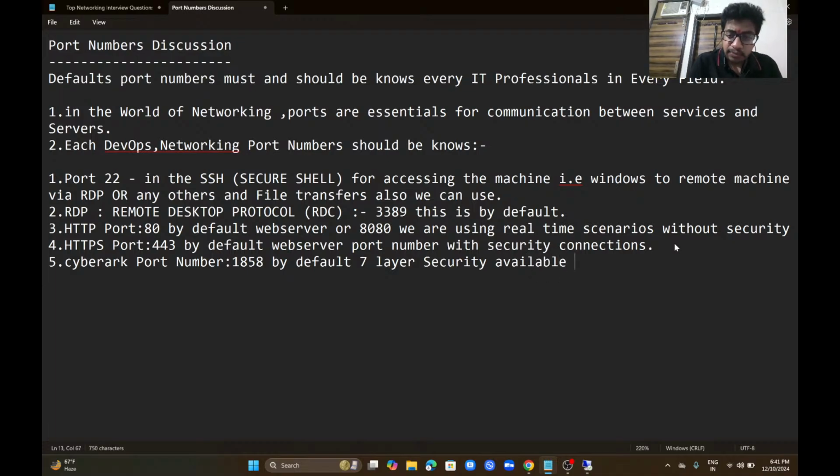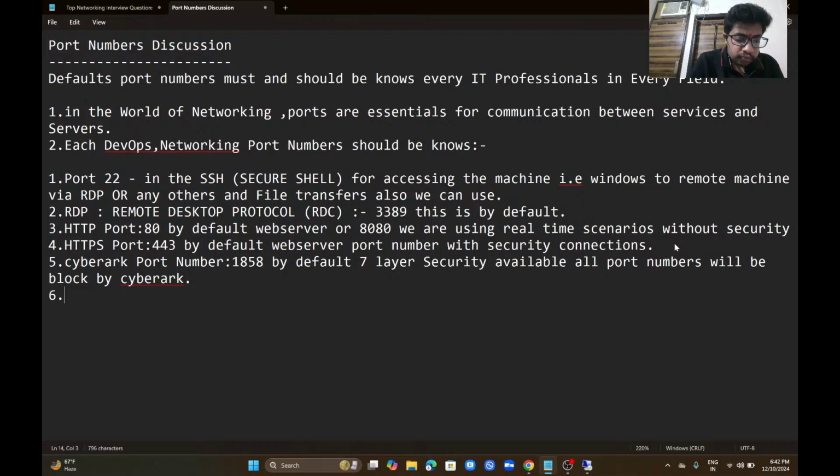All port numbers will be blocked by CyberArk. This is the most important interview question.